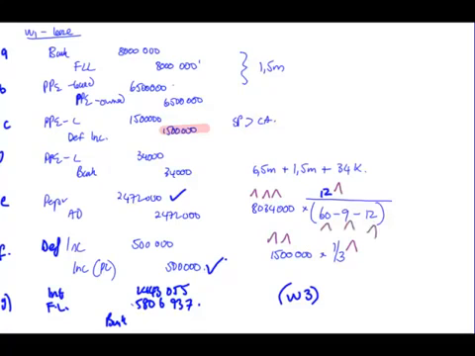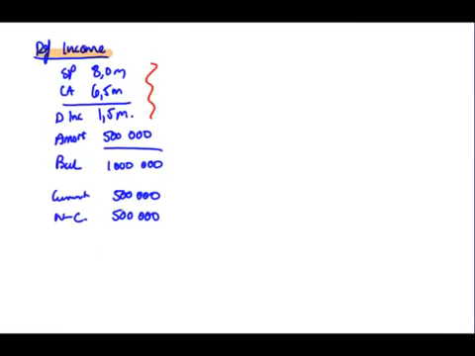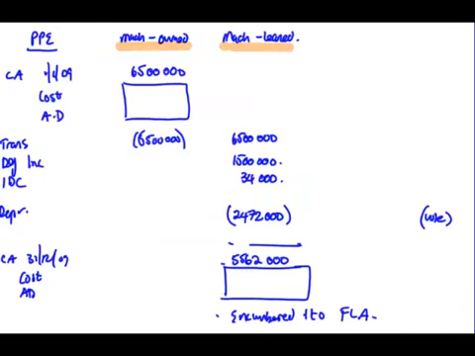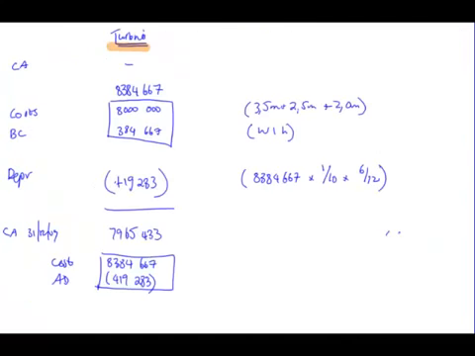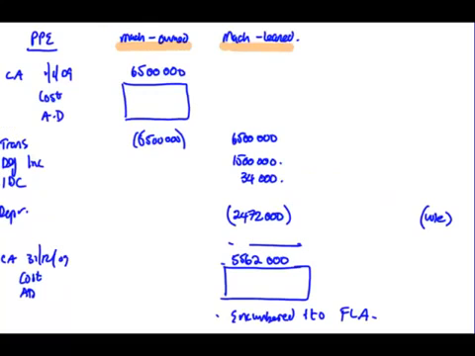So 3.5 marks for that depreciation. And then for the depreciation on this other asset, it was your costs plus your borrowing costs times 1 over 10 times 6 over 12. Okay, so 2 marks for that.